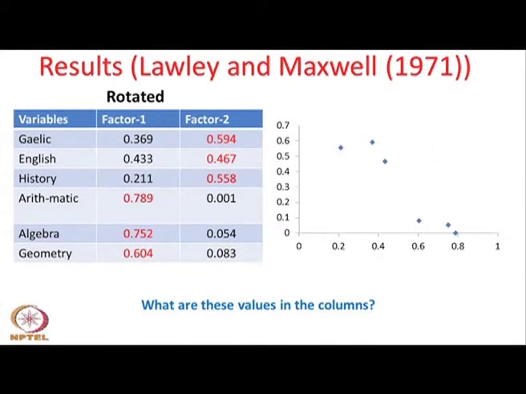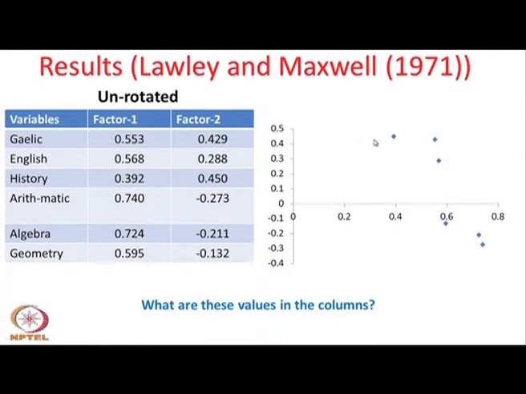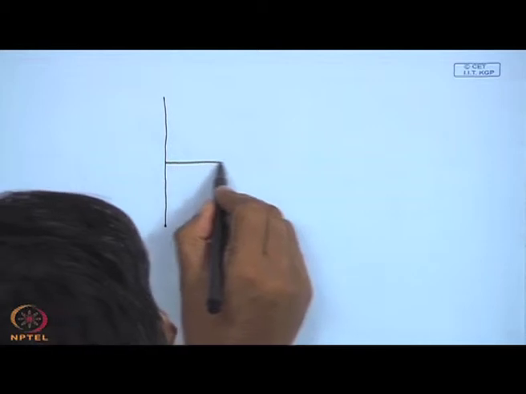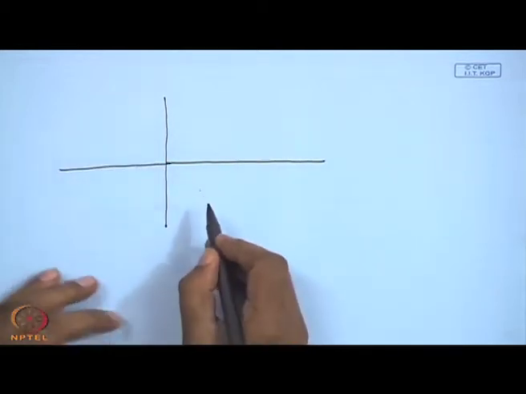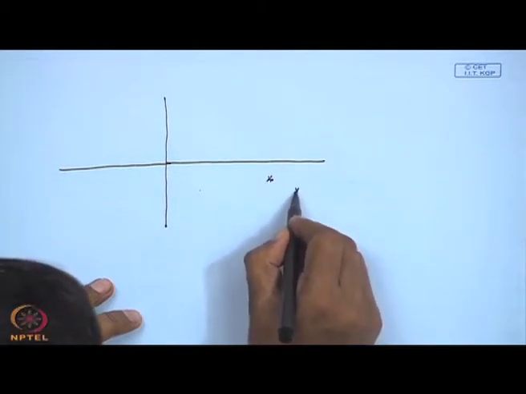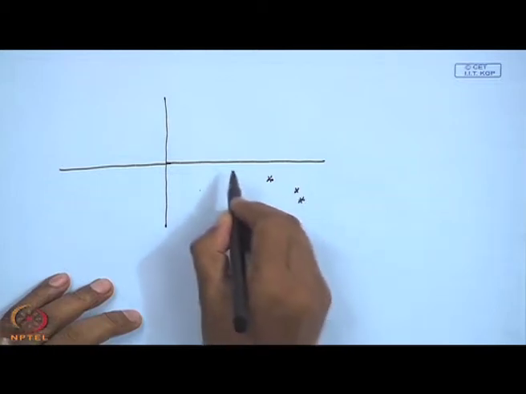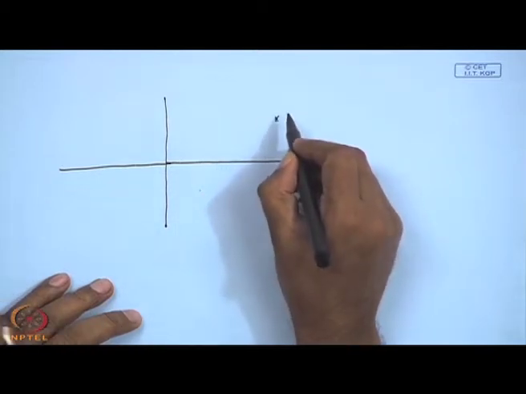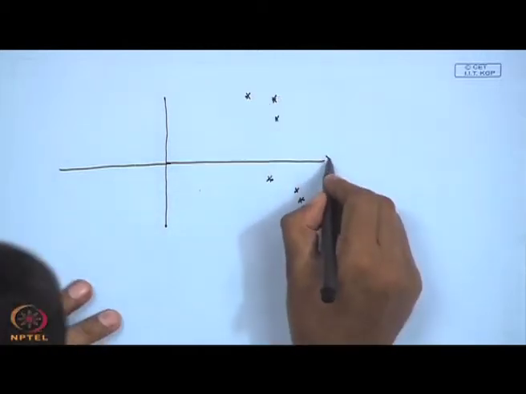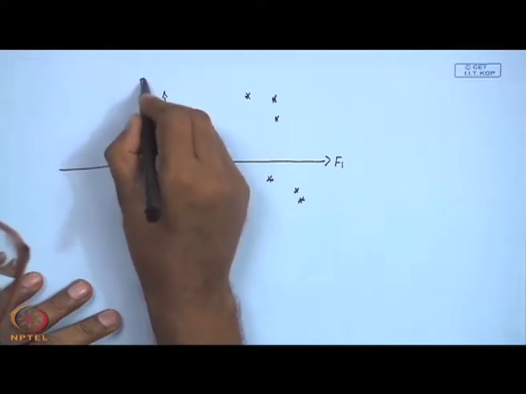If you rotate, you will get this type of picture. Now let us see this again, and I will draw how it is possible. Our case is like this. This is my F1 and this one is F2.